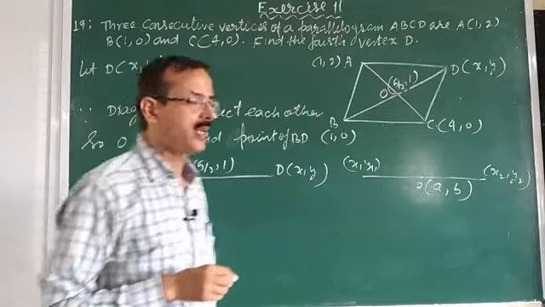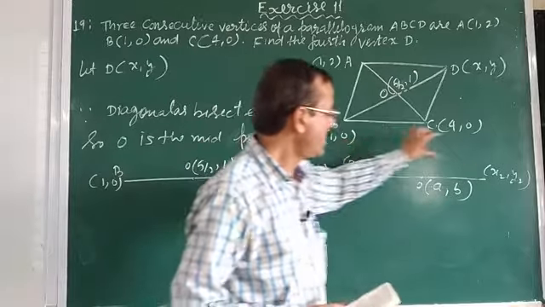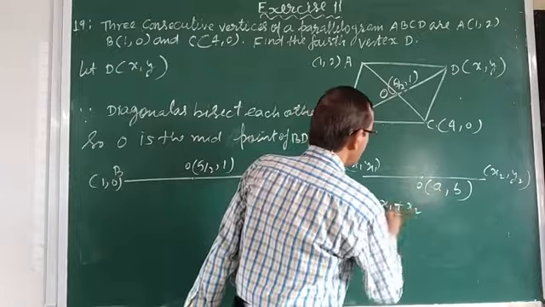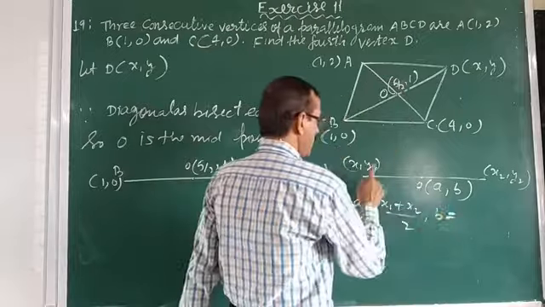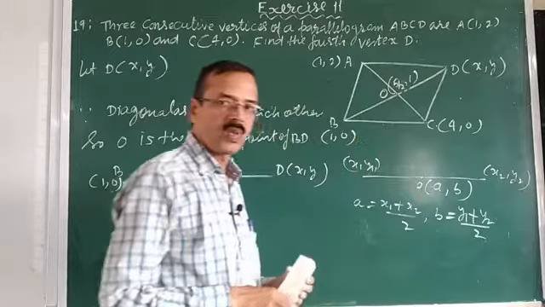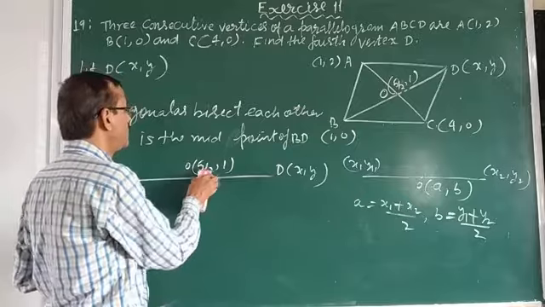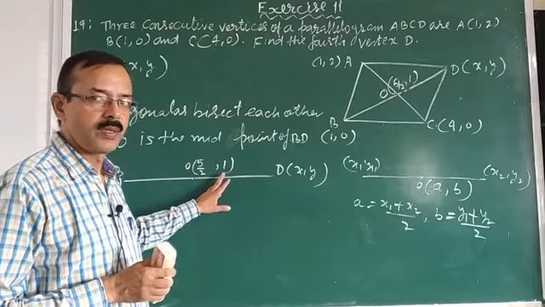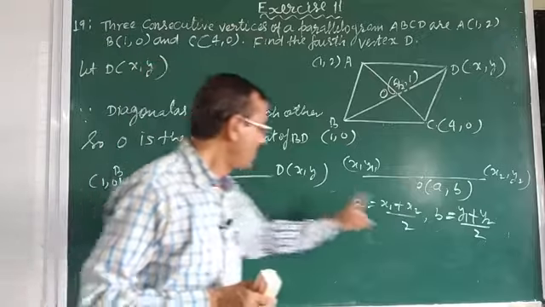कोऑर्डिनेट ऑफ दिस मिड पॉइंट भी (a, b). तो a कैसे निकलते हैं? How you find that a? (x1 plus x2) upon 2. To find b, (y1 plus y2) upon 2. We use this way. तो (a, b) here given कितना है? (5 upon 2, 1), this is given. So in the place of a कितना रखना है? 5 upon 2 और b के स्थान पर 1.